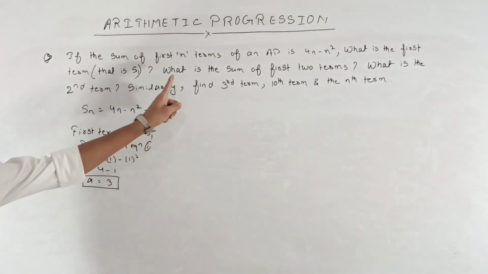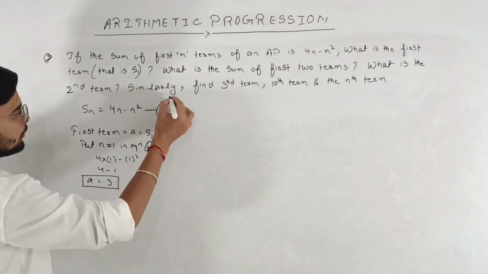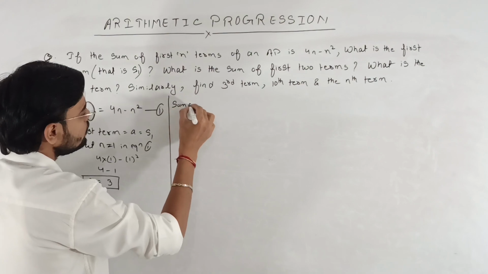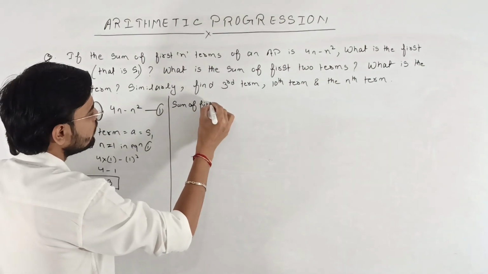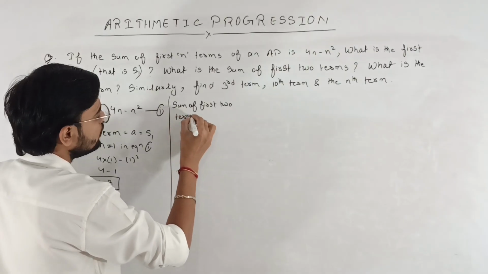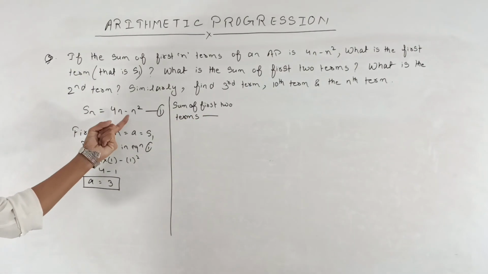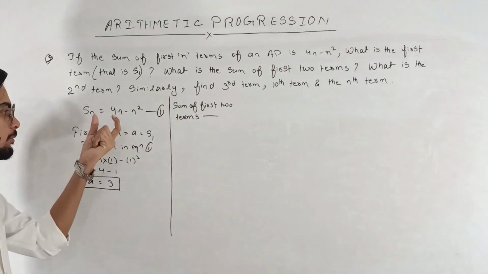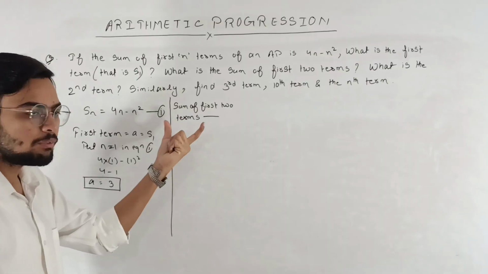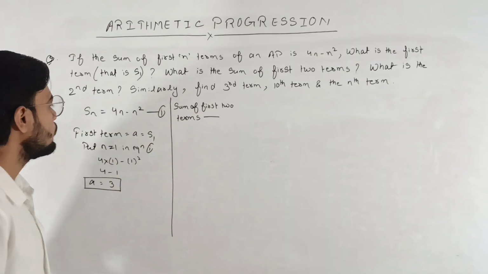Now next thing, what is the sum of the first two terms? Now look, it is given Sn, the sum of first n terms, is 4n minus n square. So what is the sum of first two terms? If I put 2 in place of n, then I get the sum of first two terms.